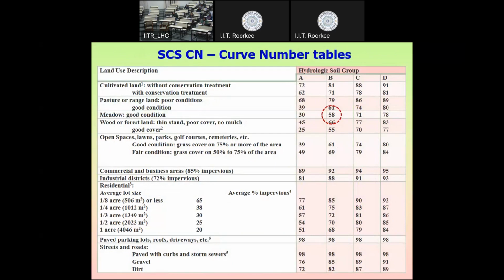So CN is 58. What would be S? S is 25400 divided by 58 minus 254. How much will it be? You have calculators or mobiles or laptops.